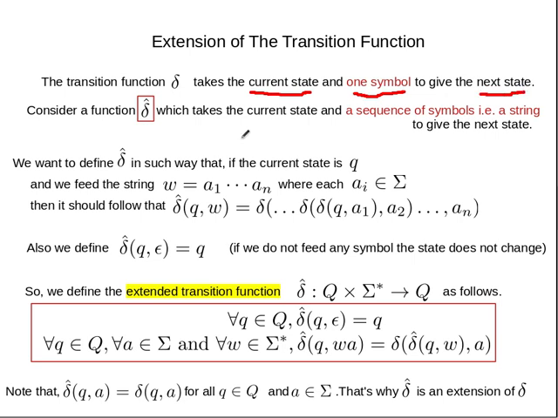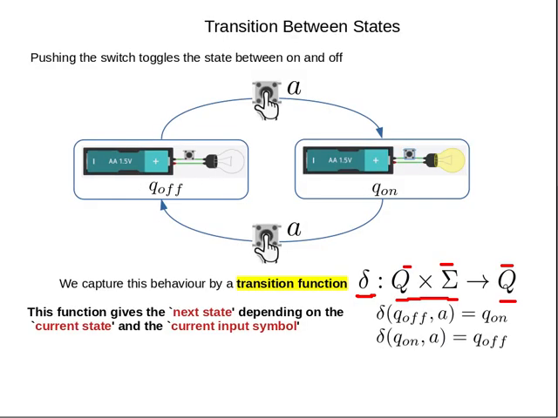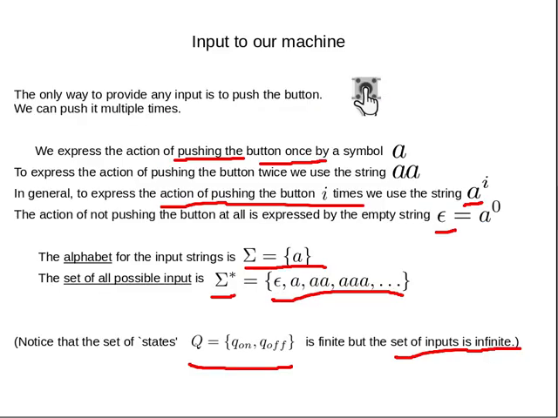So now if I ask the question, okay, the current state is given and I give you a sequence of input symbols, right? So input can consist of many symbols, as we said. So the set of inputs is this, right? So what if we push the button 3 times?